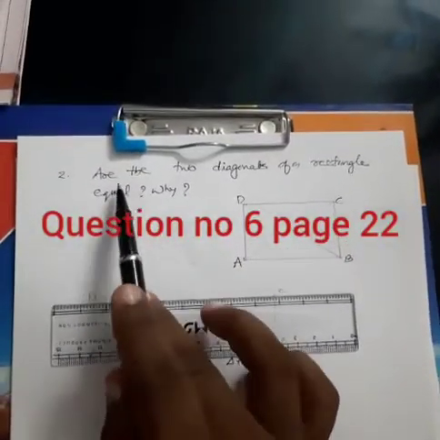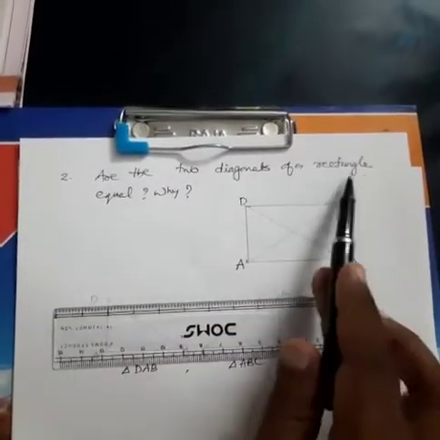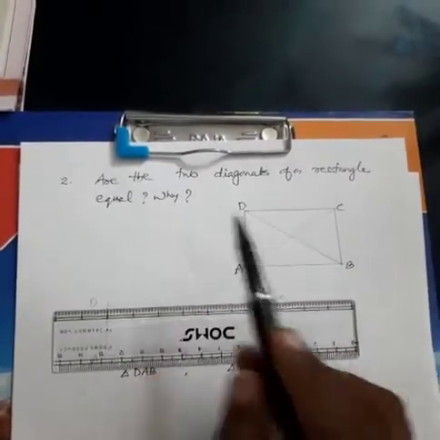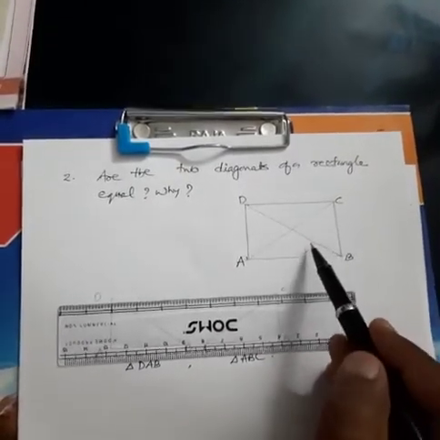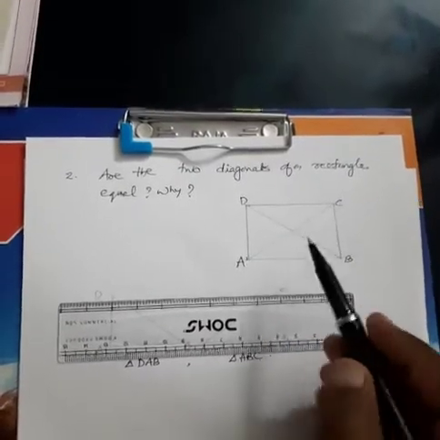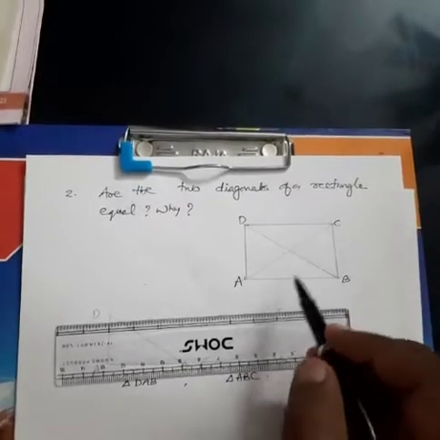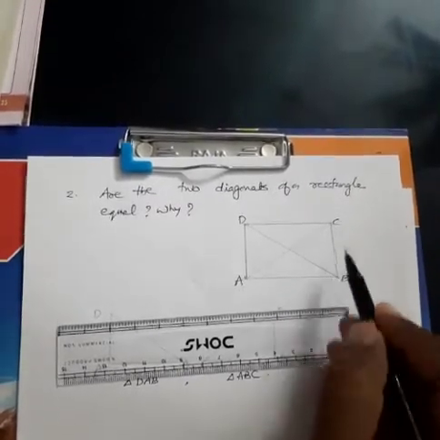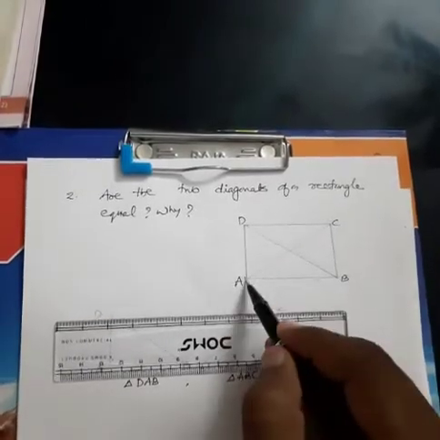Next question: are the two diagonals of a rectangle equal? Why? Diagonals AC and BD are equal, and what is the reason? Here this rectangle can be split into two triangles. One is triangle ABC, this triangle, and another is triangle DAB.